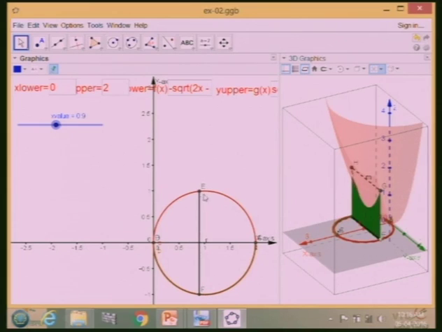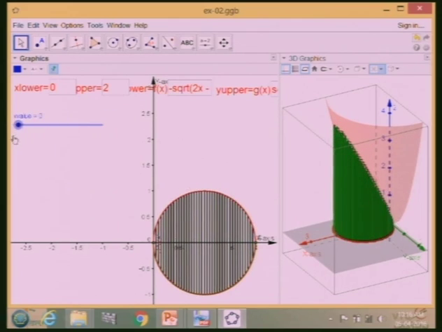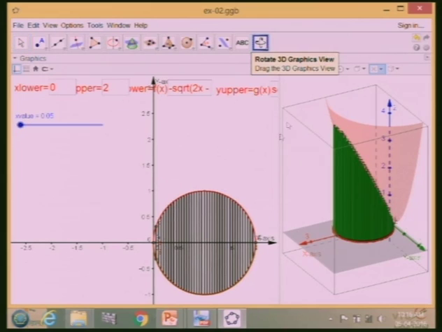Once you integrate with respect to y, you will get a plane area under the curve, where the curve is on the surface z equal to x square plus y square. Now, the second integration moves that plane area across the entire region, and that completes the double integral. You can see the volume.